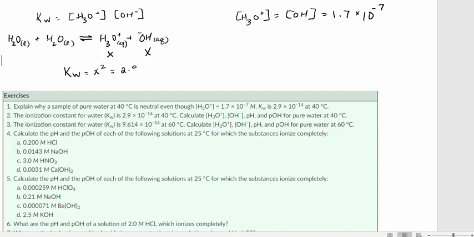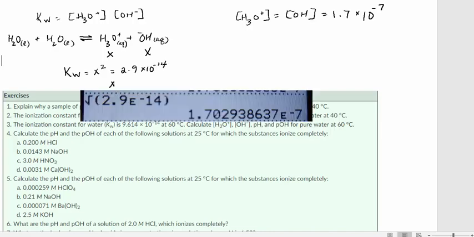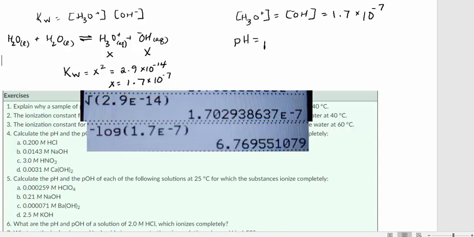That value is 2.9 times 10 to the negative 14th. So when I take the square root of that value, I get 1.7 times 10 to the negative 7. Now, because the concentrations are equivalent, we can say that the pH is going to be equal to the pOH here. And in this case, it's going to be 6.77.